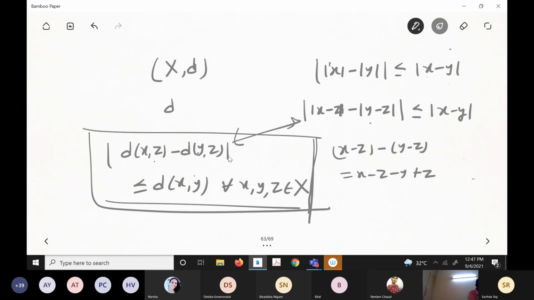I will talk about the discrete metric later on.